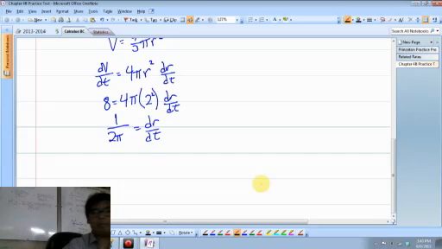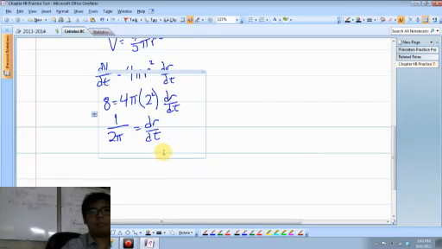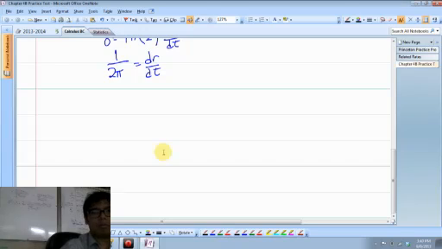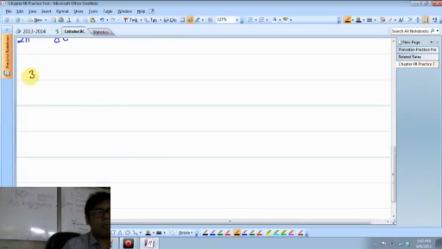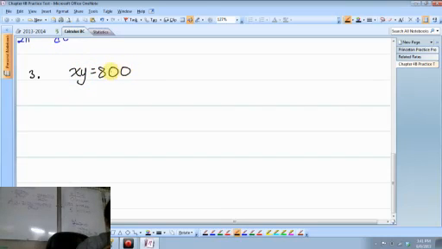Number 3. The product of 2 numbers is 800. Find the 2 numbers if the sum of 2 times the first and 3 times the second is a minimum.